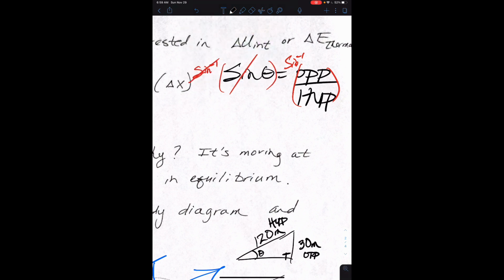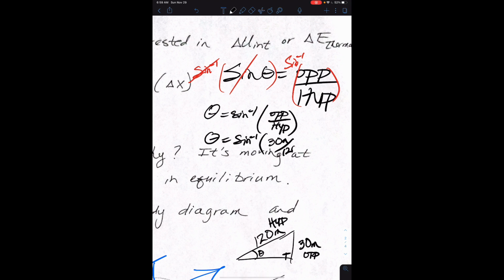So we're left with theta equals sine inverse of opposite over hypotenuse. Theta then is equal to the sine inverse of 30 meters over 120 meters, which is what, 0.25? That's a fourth, yeah. So inverse sine of 0.25 gives me 14.48 roughly.